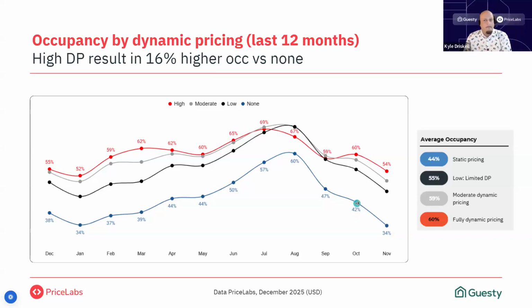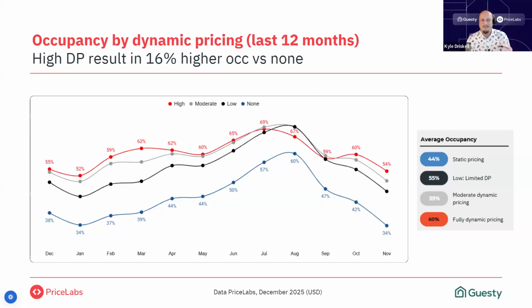Now, I'm not going to suggest that we need to go fully automatic pricing and really dial these systems in, but you need to at least start working towards that. This is not just PriceLabs that we're seeing here. When it says fully dynamic, that includes all the dynamic pricing providers.